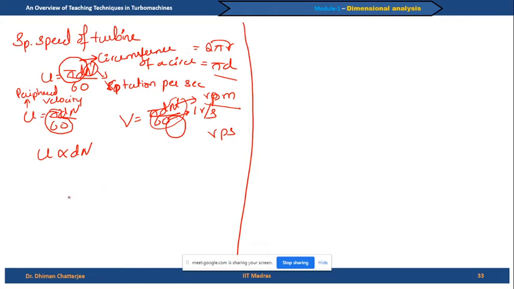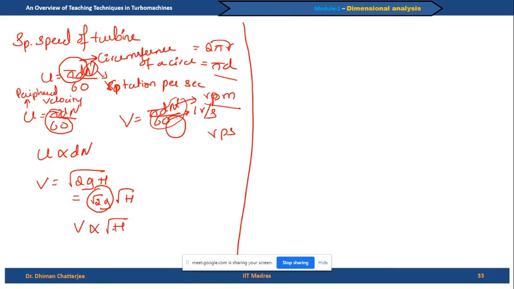Now we have one more formula, v is equal to root of 2gh. I think you have learned this in the basics of your fluid mechanics. So here I will write this as root 2g into root h. Root 2g becomes a constant. So again I take v is directly proportional to root h.